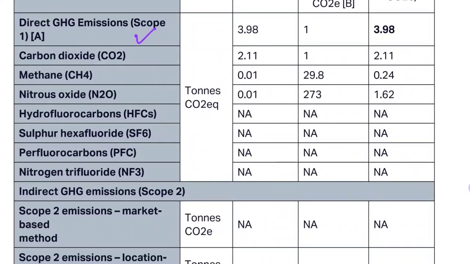Then in scope 1 itself, carbon dioxide, methane, nitrous oxide, hydrofluorocarbons, sulfur hexafluoride, perfluorocarbons, nitrogen trifluoride. All these are given, but if you see, they are the values of scope 1, where carbon dioxide, methane, and nitrous oxides. Okay, you got my point.